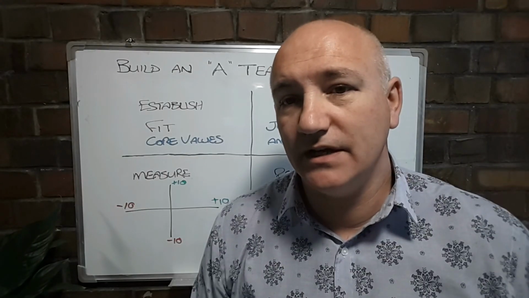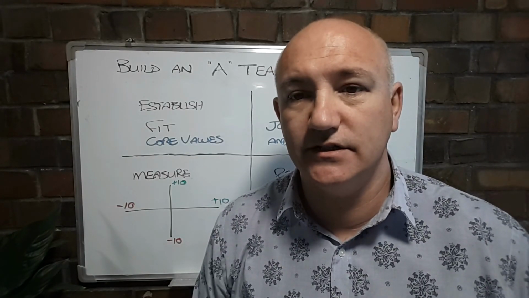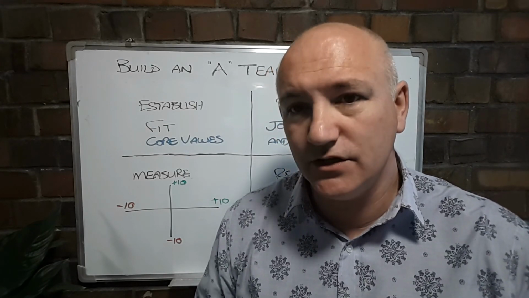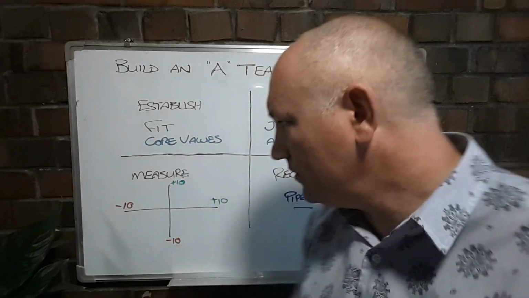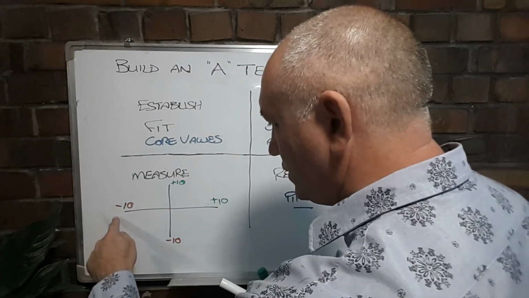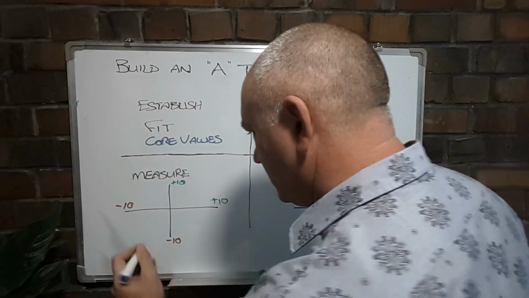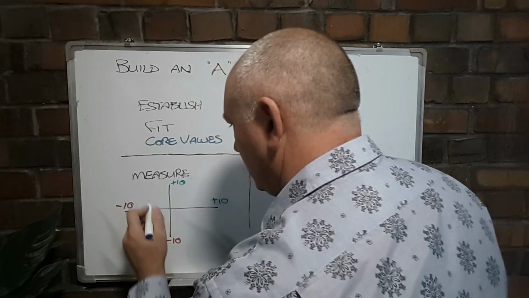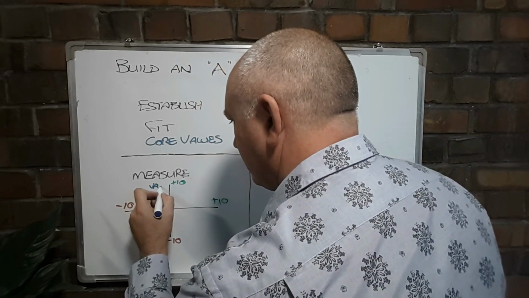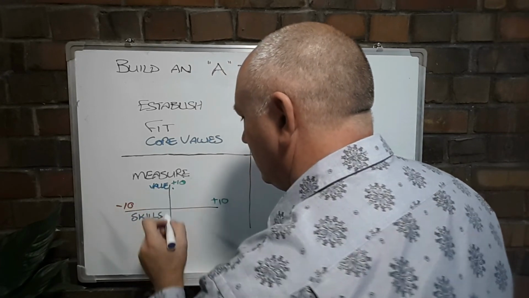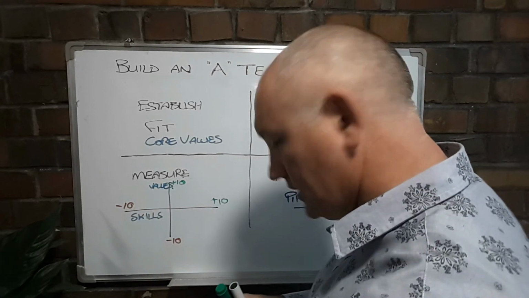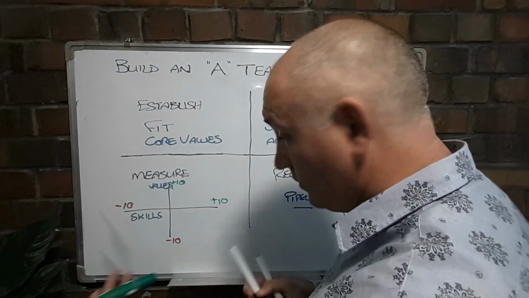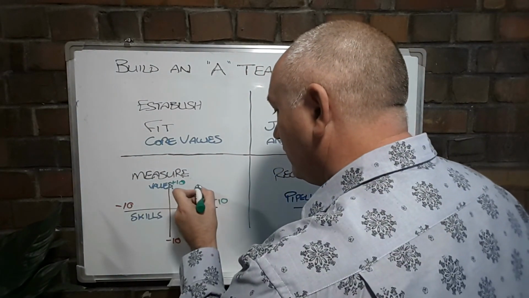So let's say we've established the core values of the organisation, and now we want to start to look at individuals against the values. There's a matrix that we use which is skills against values. Let's say somebody does fit the organisation, we'd likely find them here.